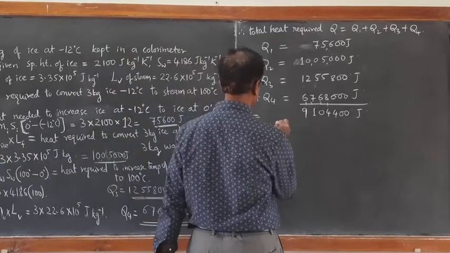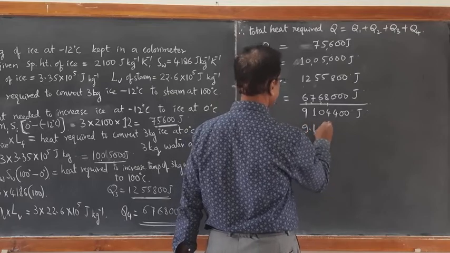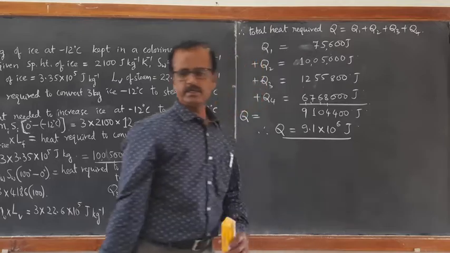So therefore total heat required can be written in terms of scientific notation as 9.1 into 10 raised to 6 joules. This is how we need to calculate.